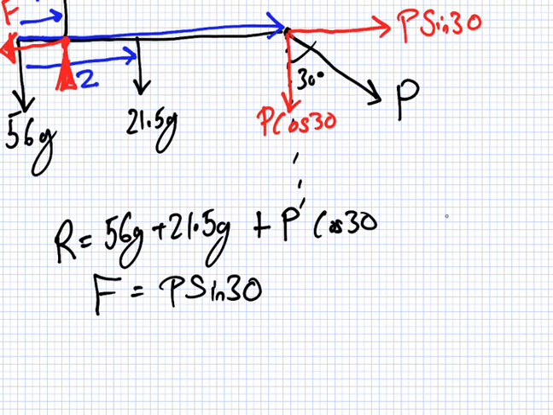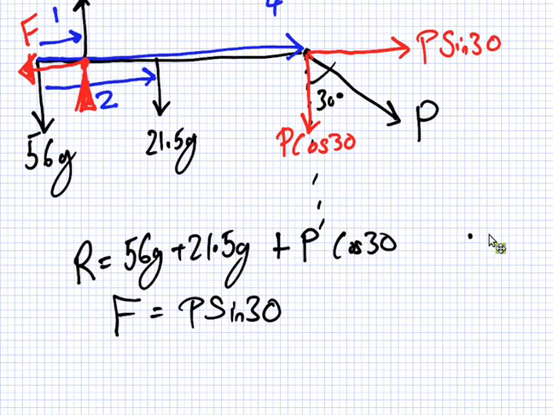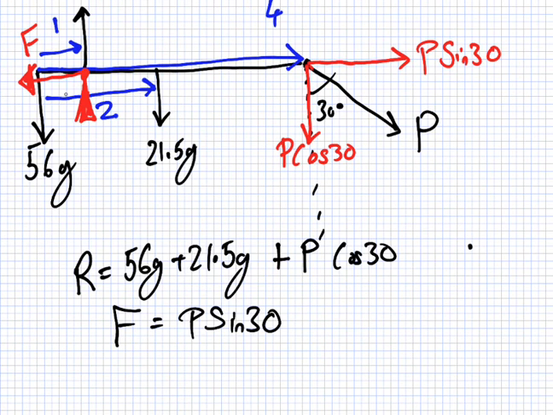Now here, how many things do I not know? I don't know P and OR. I need another equation, but I'll just use turning force, so it's fine. And for a change, let's take this as the turning point.